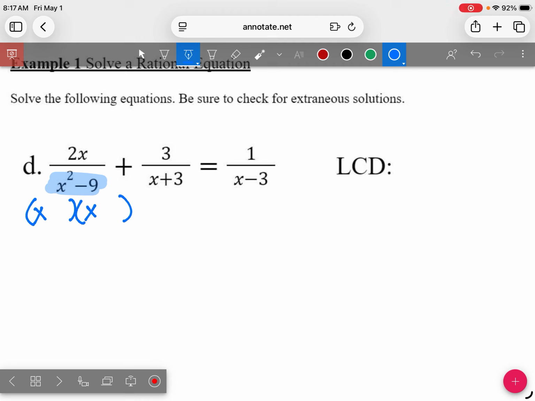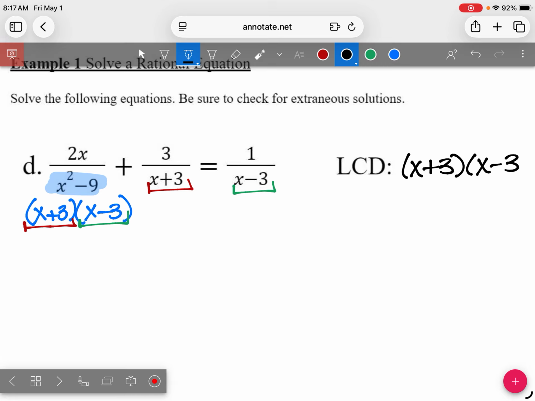X. What multiplies to give you 9? 3. And what goes in the middle? A plus and a minus. So now that it's factored, you can see that we really have the same denominator twice. So my LCD is x plus 3 and x minus 3.